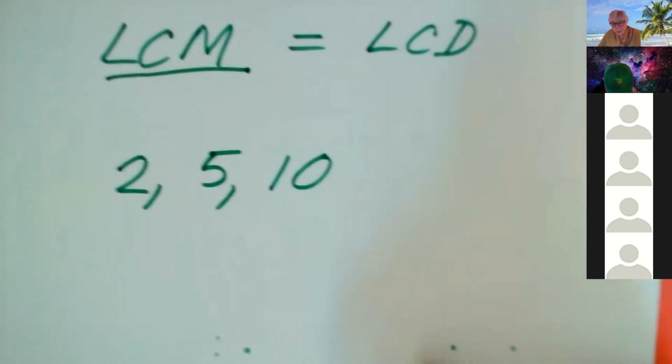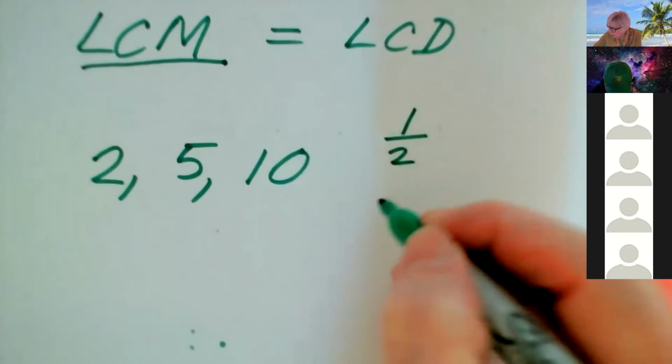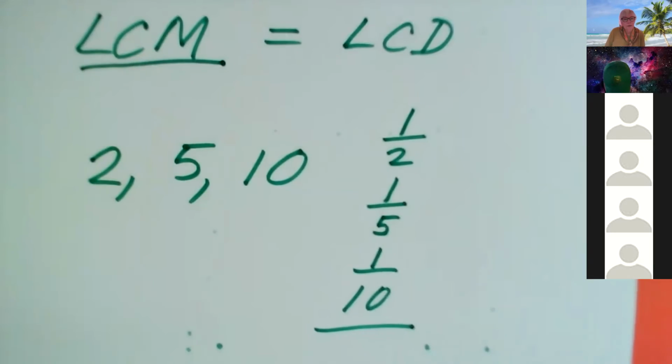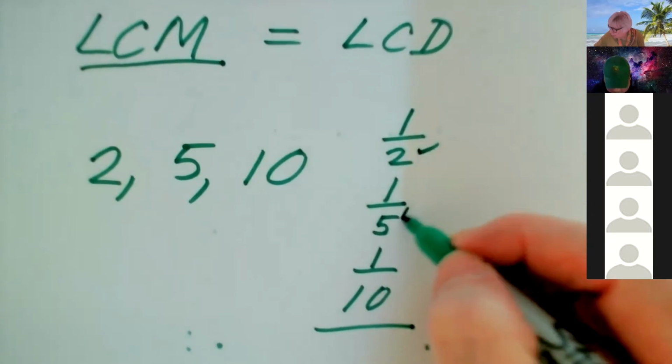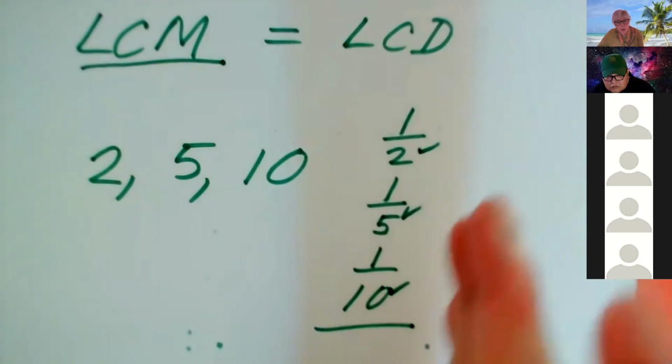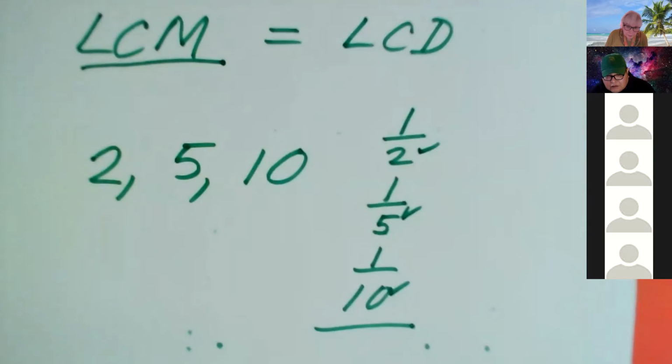So what that really is saying is if you had a problem like this, what would be the common denominator, the lowest common denominator? Can anybody see it without a fuss? What number could every one of these move into? 10.